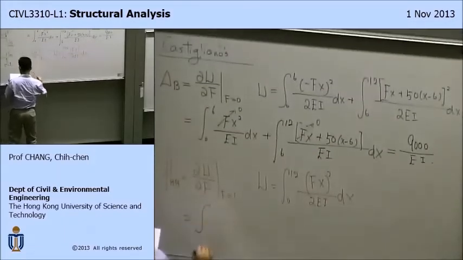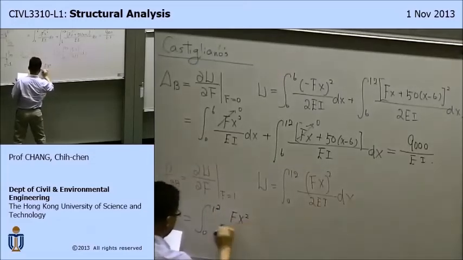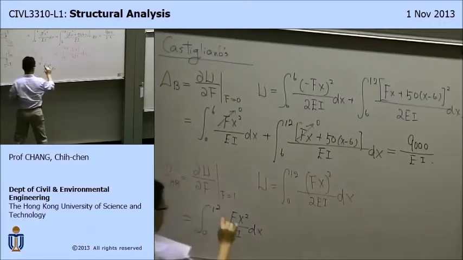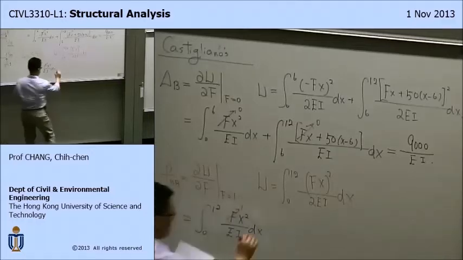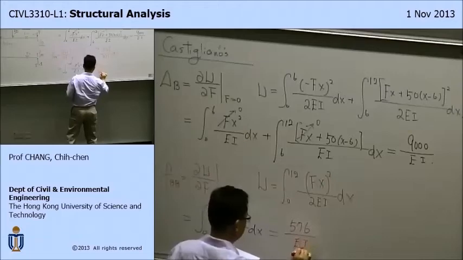So this is the integration from 0 to 12 of Fx squared over EI dx. And then you let F equal to 1. So this gives you 576 over EI.